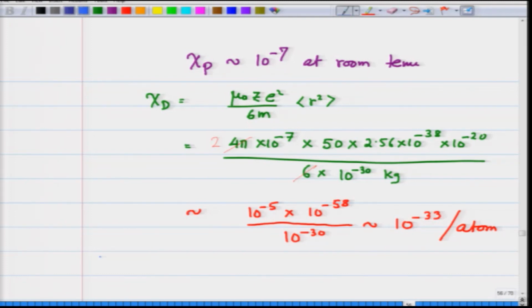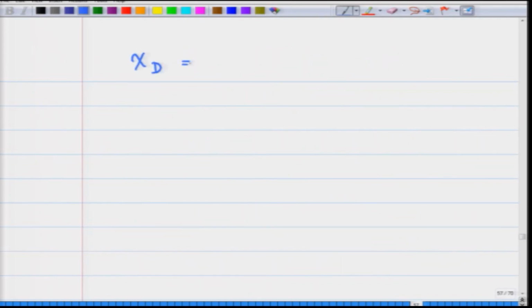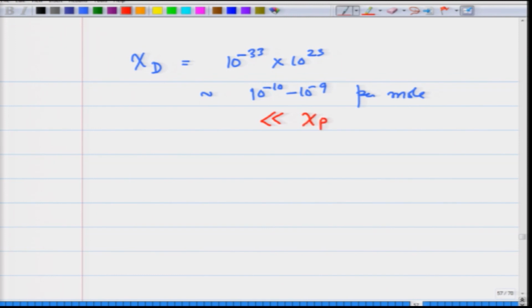So, for a solid, chi d will be equal to 10 raised to minus 33 times Avogadro's number per mole, and that number chi d will be equal to 10 raised to minus 33 times 10 raised to 23, of the order of 10 raised to minus 10 to 10 raised to minus 9 per mole. And you can see that this is much less than chi paramagnetic. So, diamagnetic effects are very small, as we have shown just now, compared to paramagnetic effects.